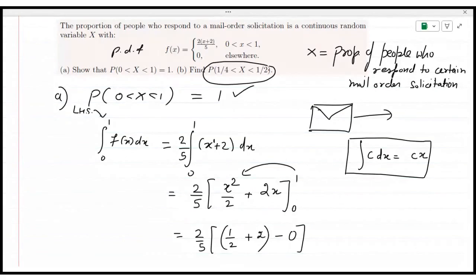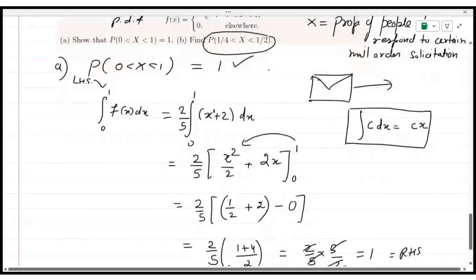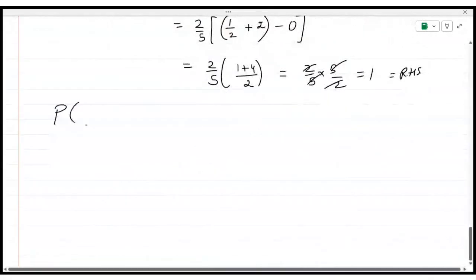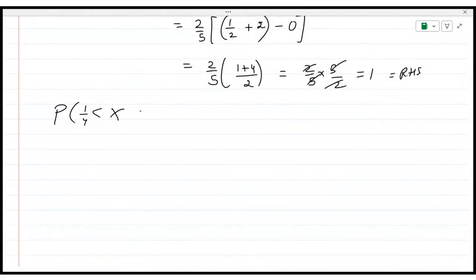Let me tell you the exact words I have sent you. This is in the practice questions. The exact words are: find the probability that more than 1/4, but fewer than 1/2 of the people contacted will respond to this kind of mail order solicitation. From there you have to convert that they are asking you to find the chances that the proportion of people who respond is more than 1/4 and less than 1/2.